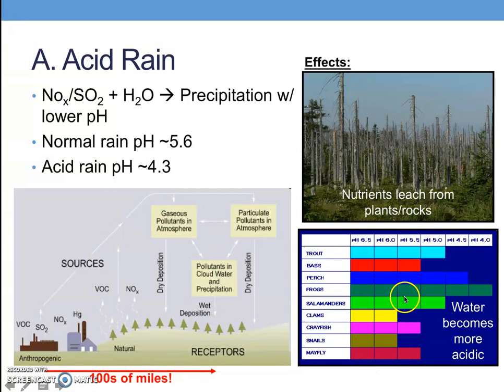But as the pH goes down, the number of organisms that can live at that pH declines. And so what we end up with at the far right end, at a pH of 4.0, is that the only organisms that can live there are frogs. So by changing the pH in bodies of water, you're changing the environment in which organisms live, and therefore not all organisms will survive. And you've already looked at the effects of biodiversity and ecosystem health in previous modules.